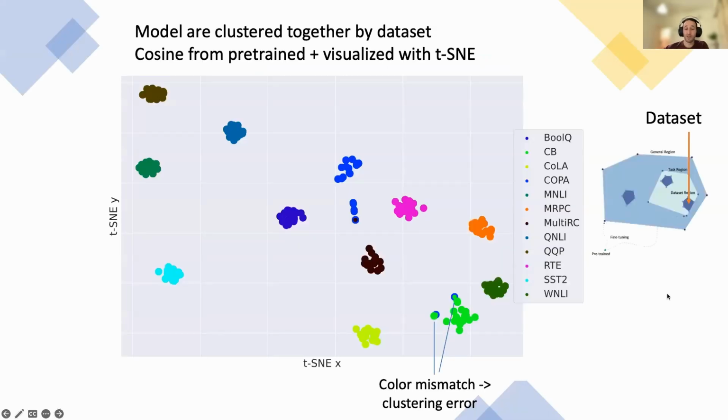So the easiest thing would be to look at data sets. Here, we have 20 seeds. We fine-tune the same model 20 times on each data set, and we try to tell with the weights only which data set we trained on. So we have a clustering algorithm. It's unsupervised.